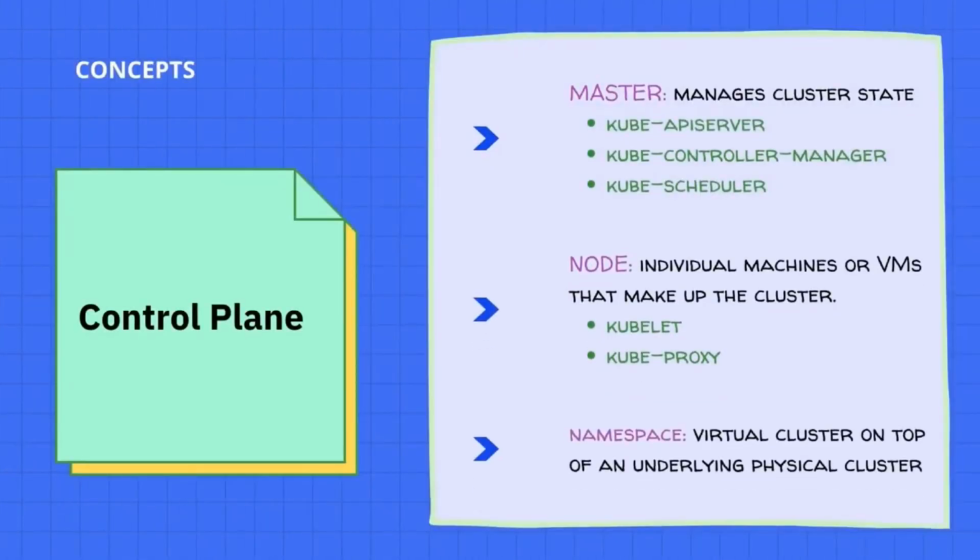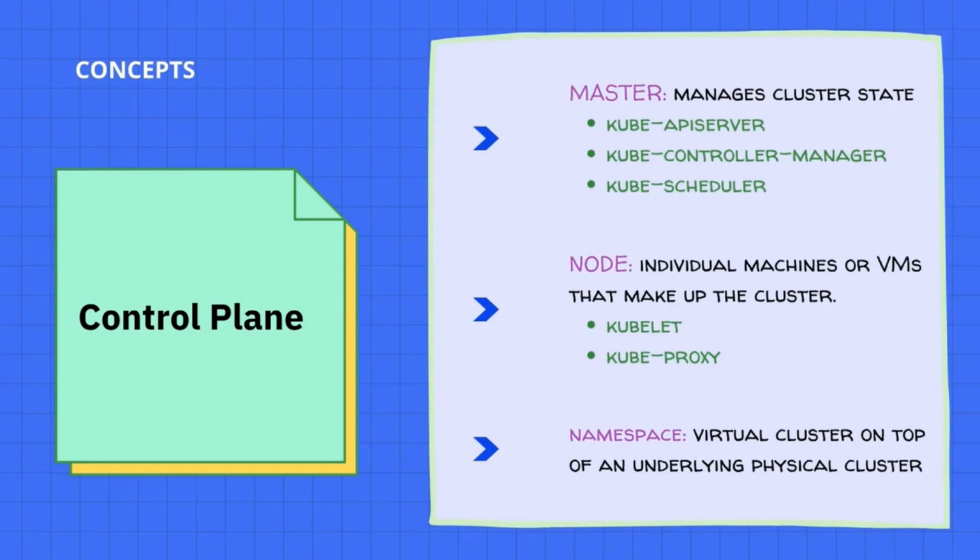So moving on to the last point about the different concepts and building blocks, that is the control plane itself. Control plane consists of master, and we look into master, then what is a node, and then what is a namespace. So master manages the cluster state with the help of the Kube API server, which is the entry point for all the requests.